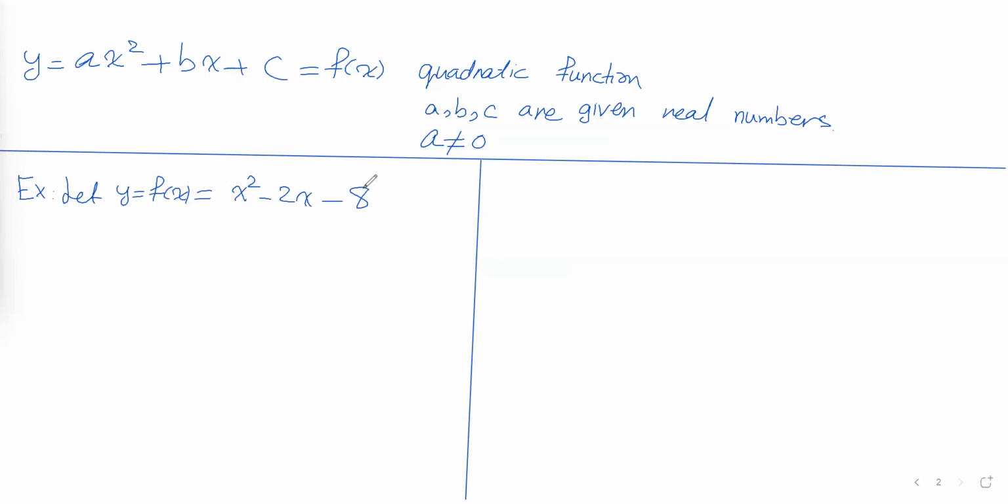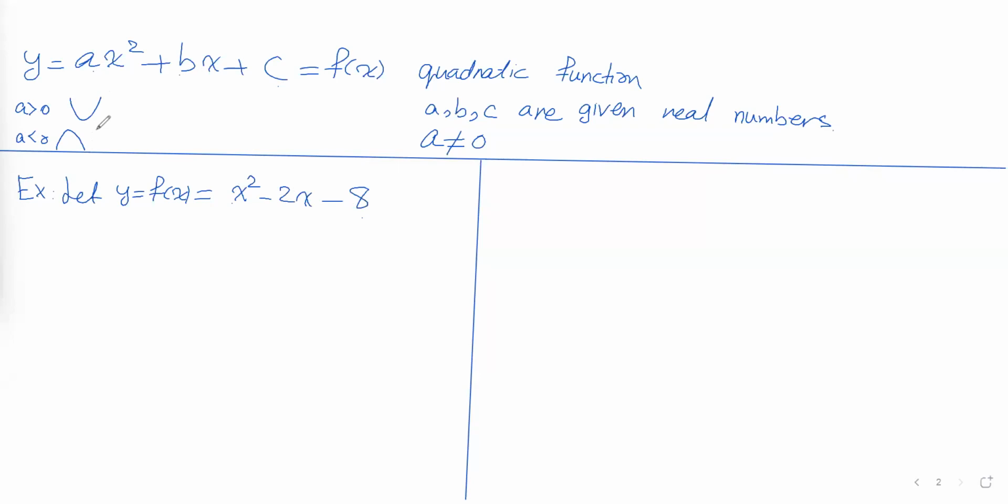Okay, so this is a quadratic function, right? It's this form. Your a is 1, your b is -2, your c is -8. Okay, let's see how I'm going to do it. So in general, if your coefficient of x squared is positive, the graph is going to be a parabola opening up. And if a is negative, the graph of the function is going to be a parabola opening down. At least you have to know this up to this point.